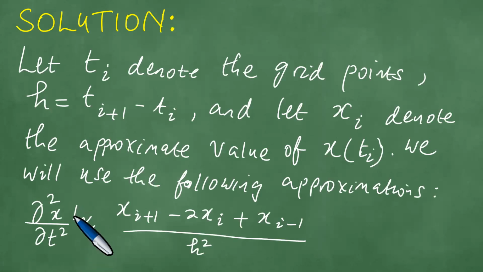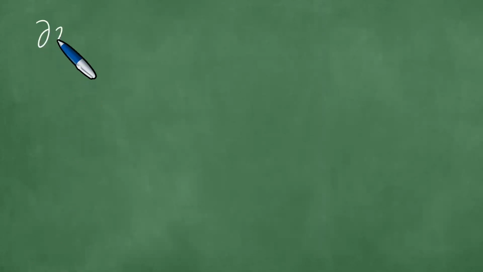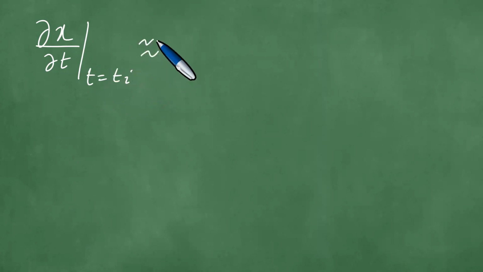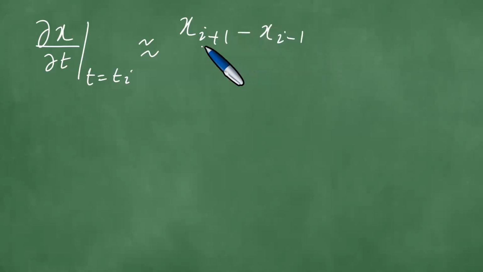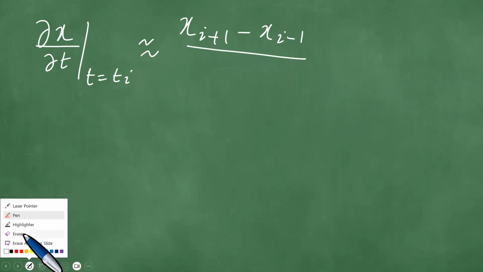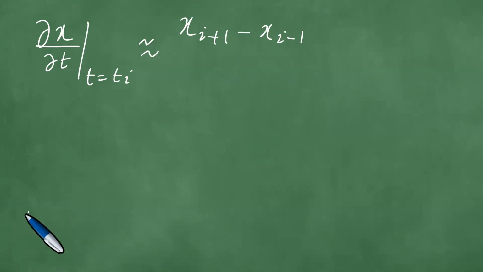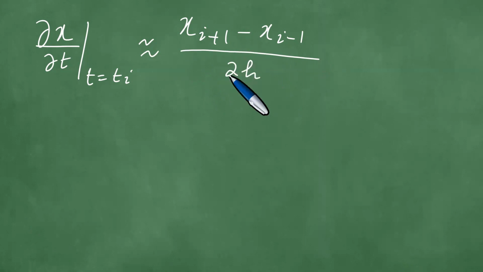Moreover, this is evaluated at t equals t sub i. dx/dt evaluated at t equals t sub i is approximately x sub i plus 1 minus x sub i minus 1 divided by twice h.